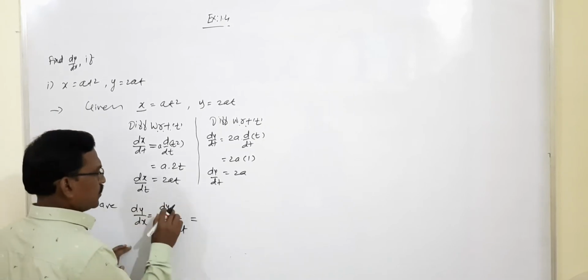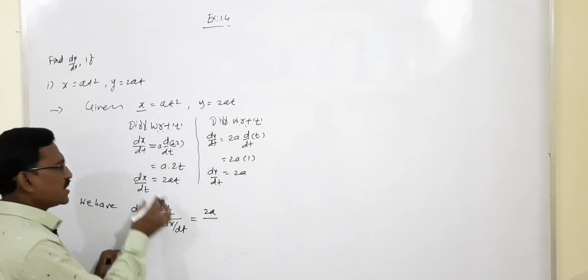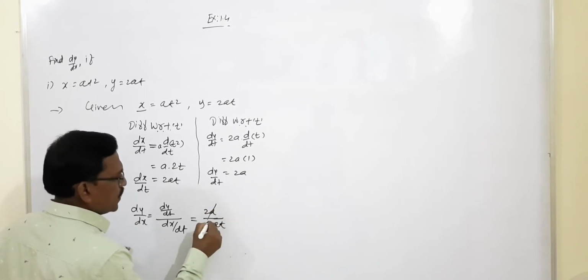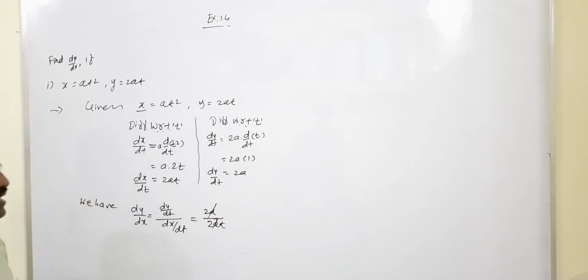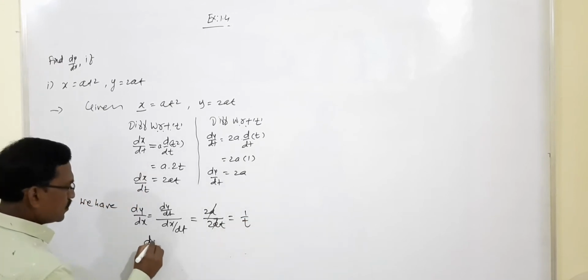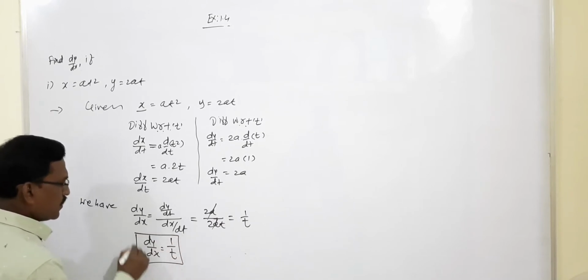So put here the value of dy by dt. It is 2a divided by the value of dx by dt, which is 2at, and 2a will get cancelled. It is only 1 by t. This is the dy by dx we have to find.